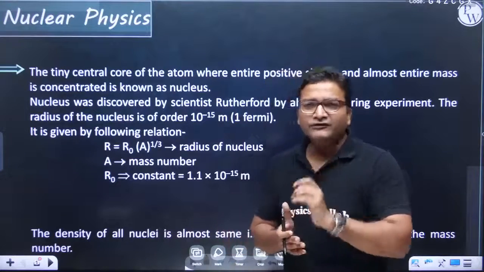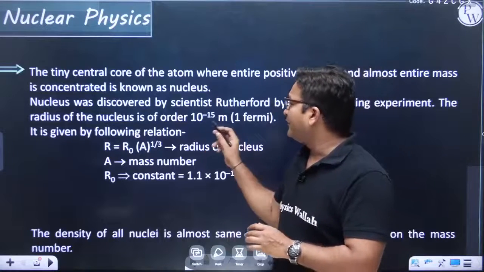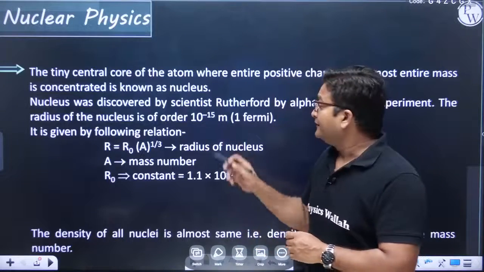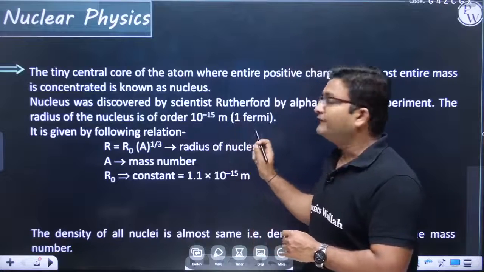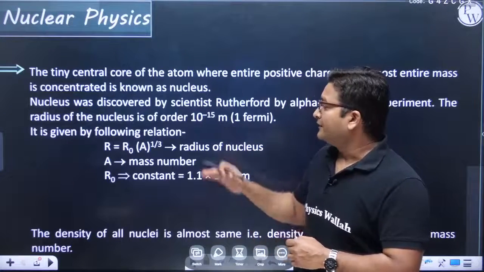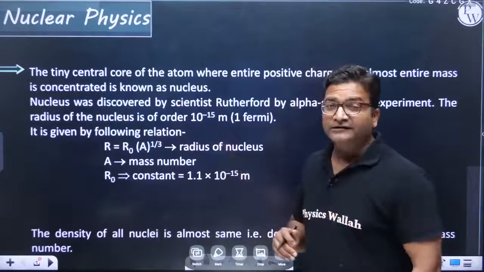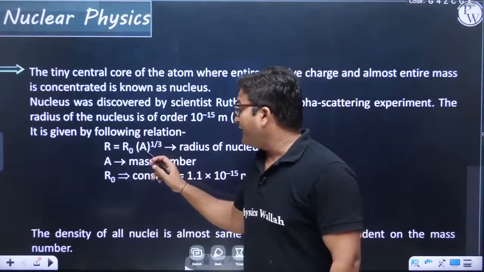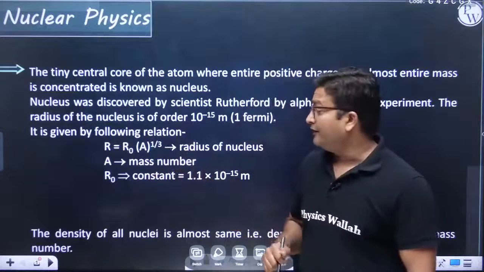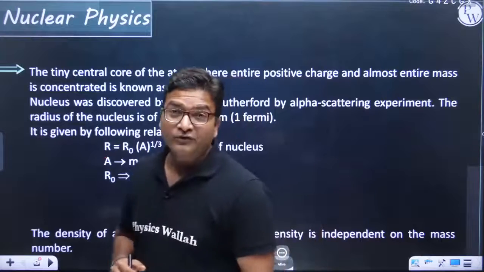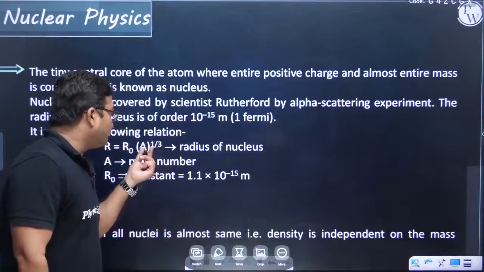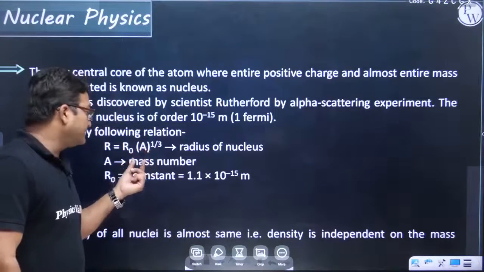The radius of the nucleus is of the order of 10 to the power minus 15 meter, and this term is called 1 Fermi. The radius is given by R naught A to the power 1 by 3. Remember this point. So radius is proportional to the cube root of the mass number, where A is the mass number.